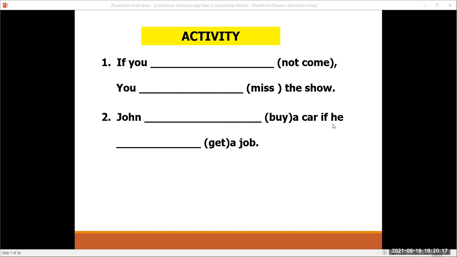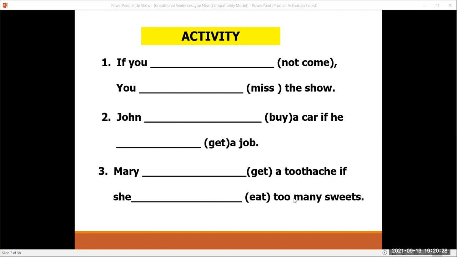John buy a car if he dash get a job. Mary dash get a toothache if she eat too many sweets. Just fill in the blanks according to what you have just learned.